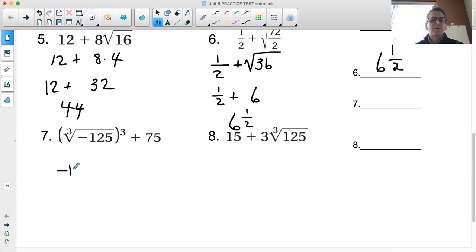We have a negative 125. So negative 125 plus 75 is negative 50. That'd be your answer for number 7.